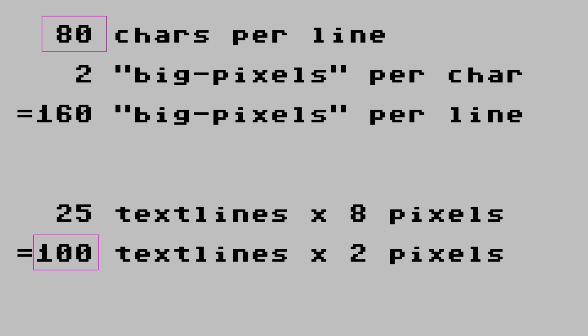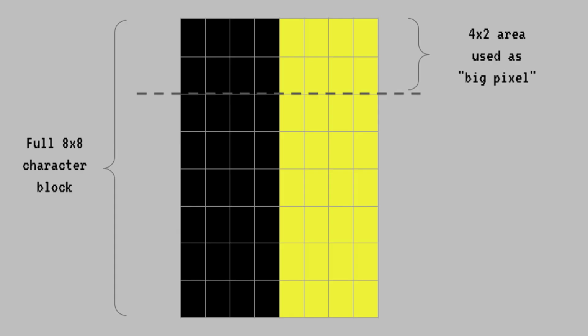For 80 characters and 100 scan lines, this results in a resolution of 160 by 100. These big pixels are really 4 by 2 pixels in size, leading up to a native resolution of 640 by 200, which is the actual screen resolution.